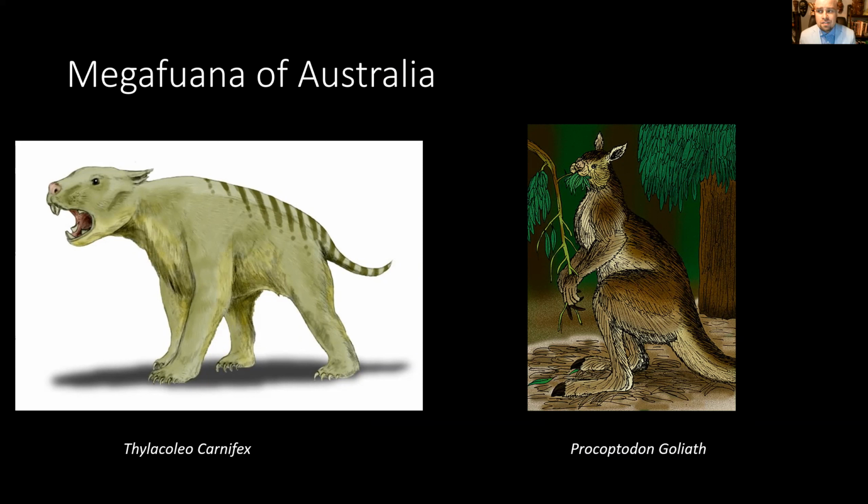But there are all kinds of specialized marsupial megafauna in Australia around 60,000 years ago. So we had a marsupial lion, the Thylacoleo carnifex. He was the apex predator of the Sahul. There were kangaroos that are larger than are present today.